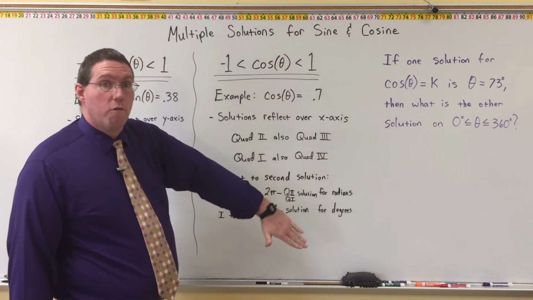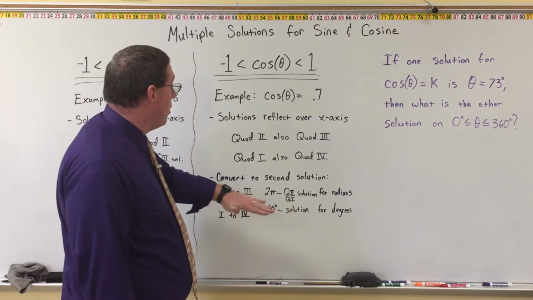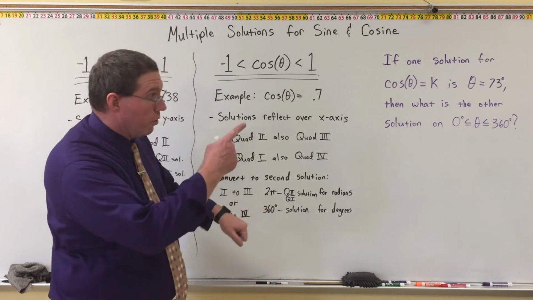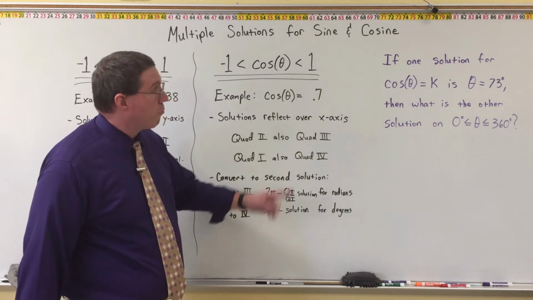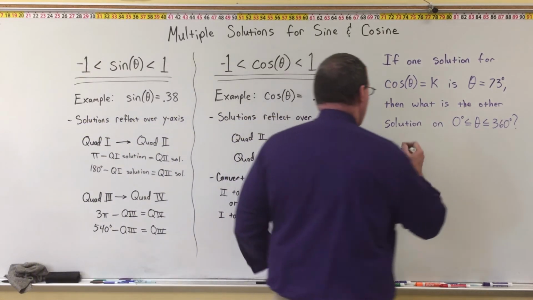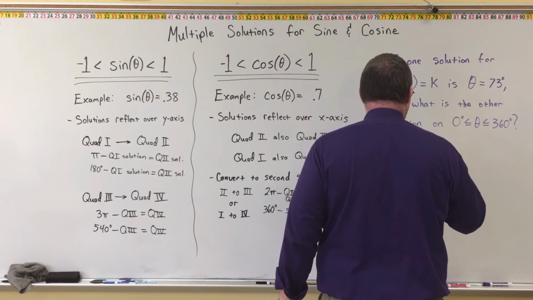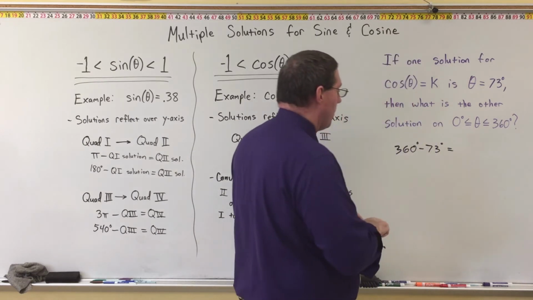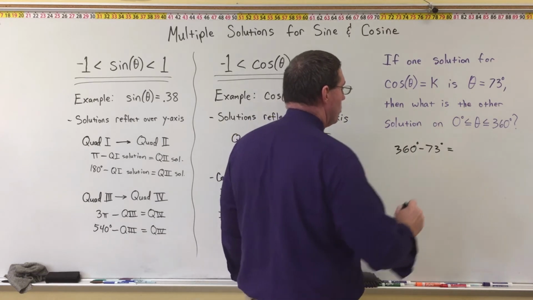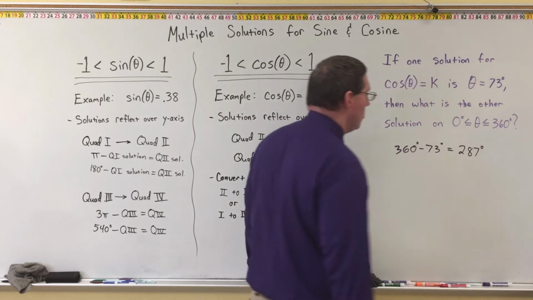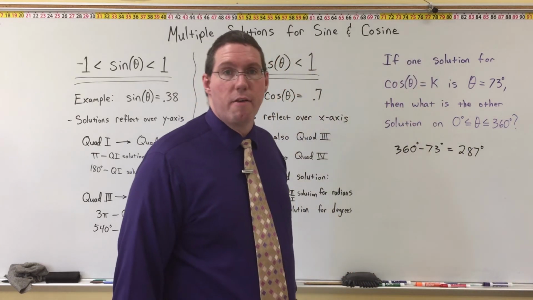It's going to reflect over the x-axis. And we know that for all cosine solutions, since we're in degrees here, all we have to do is 360 minus 73. So 360 minus 73 degrees. Okay? And you can grab a calculator if you want to, but I know that this is going to be 287 degrees. And so the other solution is going to be 287 degrees.